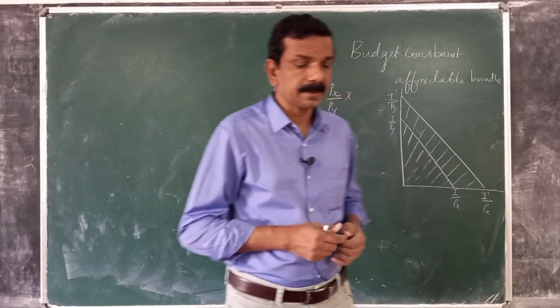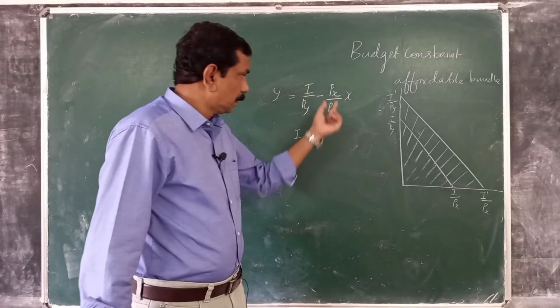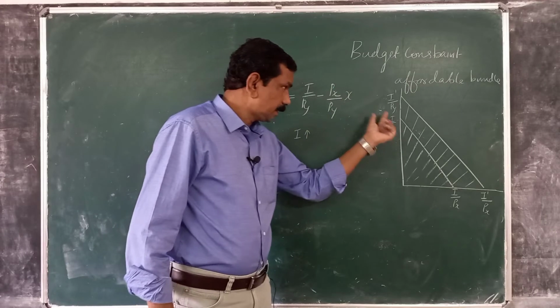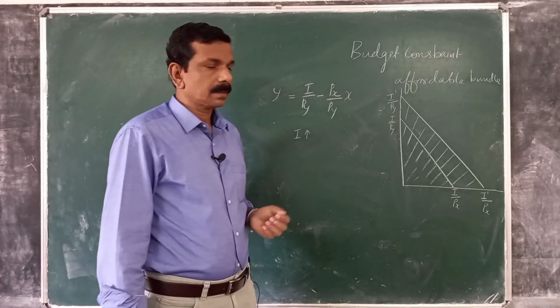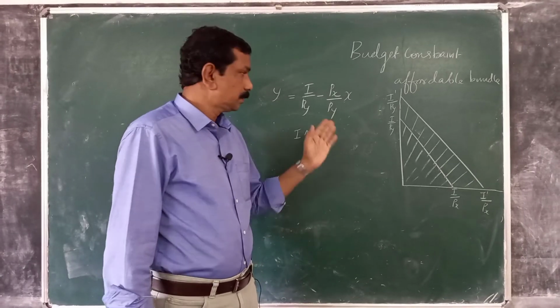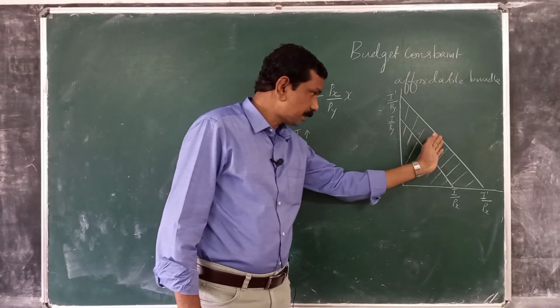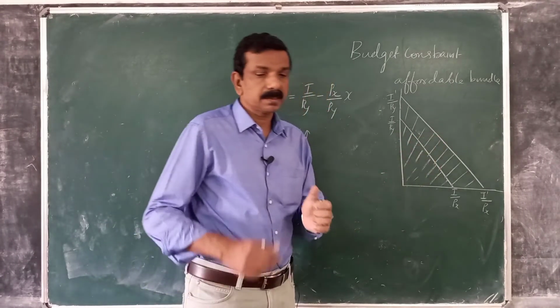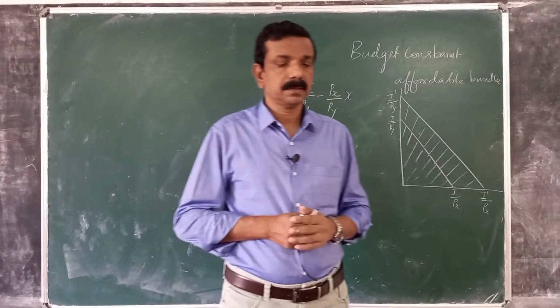The reason is that the slope of the budget line is Px by Py. If income changes, slope is not affected. So the shift of the budget line outward is a parallel shift.